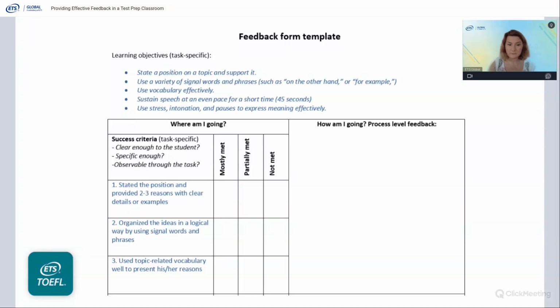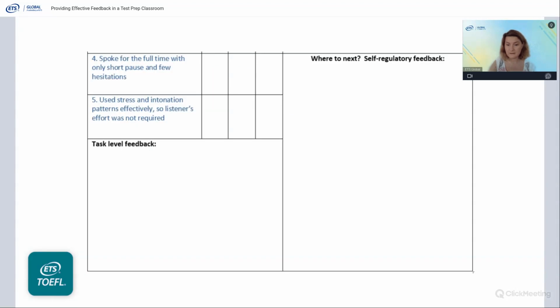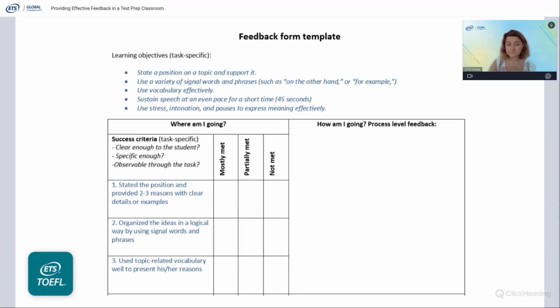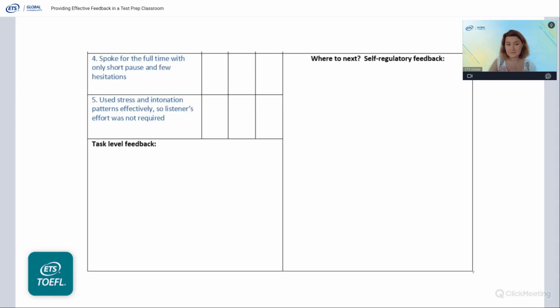So you can see the first 3, there were more. So on the second part, you see that there are in total 5 success criteria that we have listed before. And then you can mark if the person mostly met this criterion, partially met, or if the person hasn't met this criterion. And then we have 3 places to provide task level feedback.